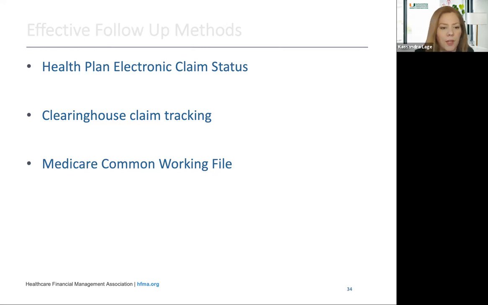The Medicare Common Working File, CWF, is a host of databases that houses all beneficiary claim history and entitlement information. All Part A and B claims for a beneficiary are processed against a single file prior to claim payment.